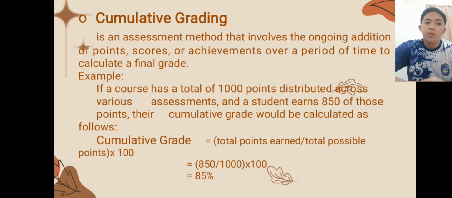The formula to get the cumulative grade is: cumulative grade equals the total points earned over the total possible points, times 100, to get the percent of the cumulative grade. So 850, or the total points earned, over 1,000, or the total possible points, times 100, we can get 85% as the cumulative grade.